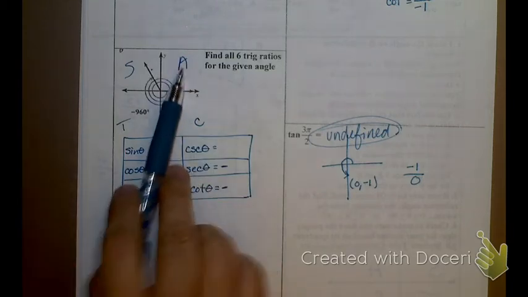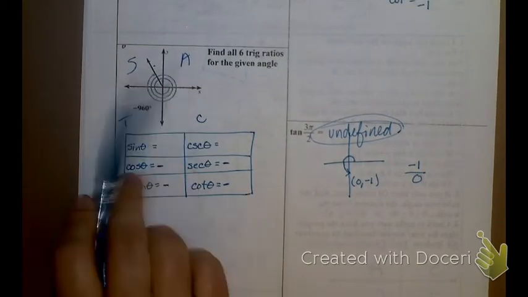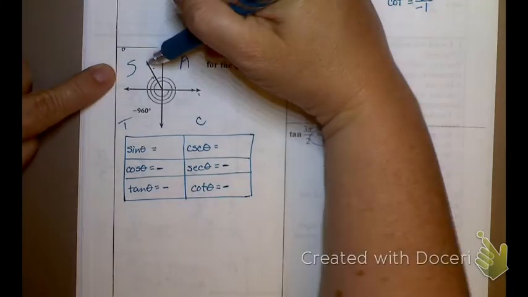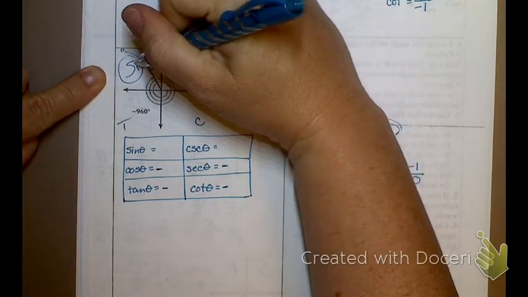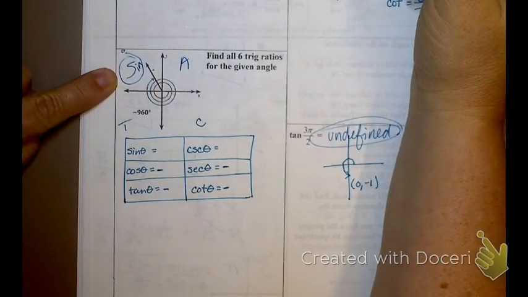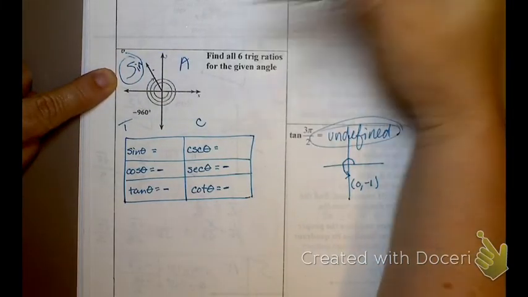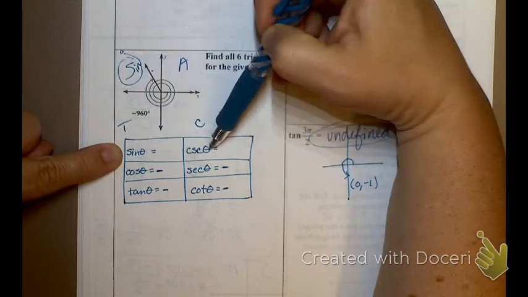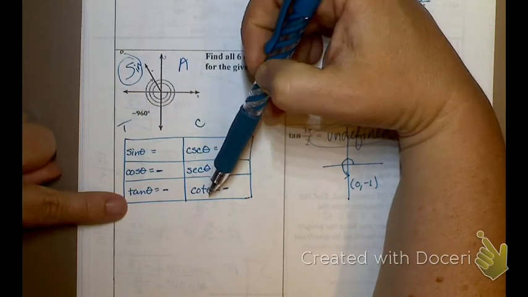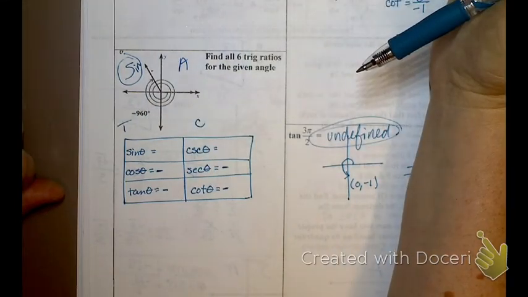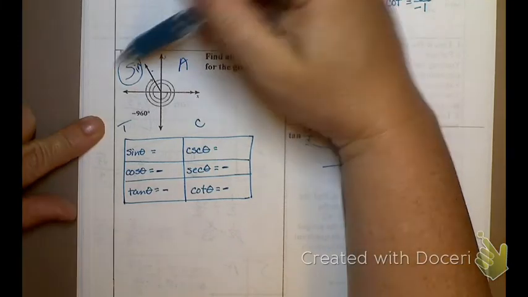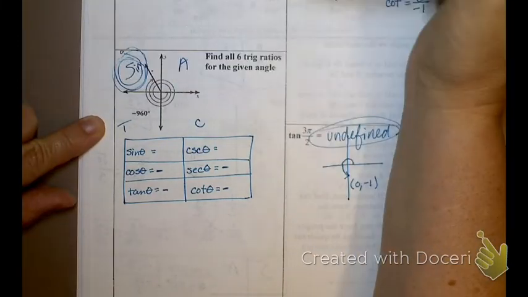We're good with the ASTC, right? If we are in quadrant 2, that means sine is positive, which means its reciprocal is also positive. So sine and cosecant would be positive. Everything else is negative, because only in this quadrant, only sine is positive.